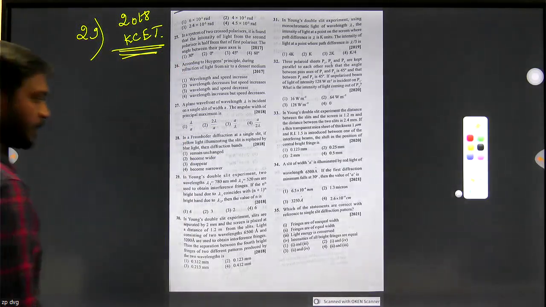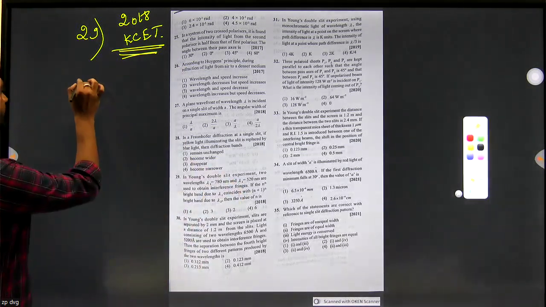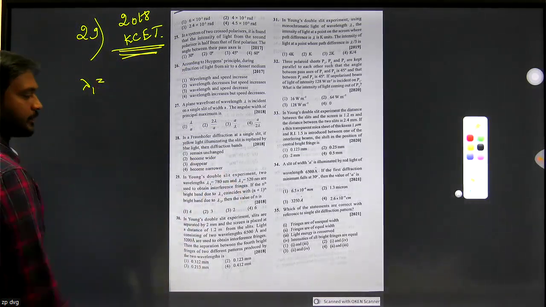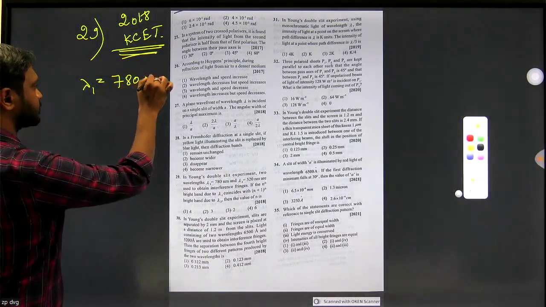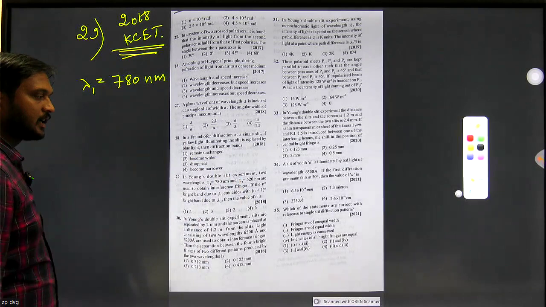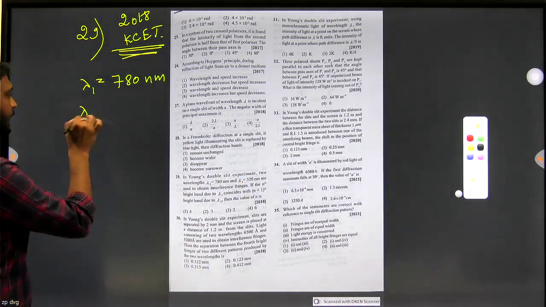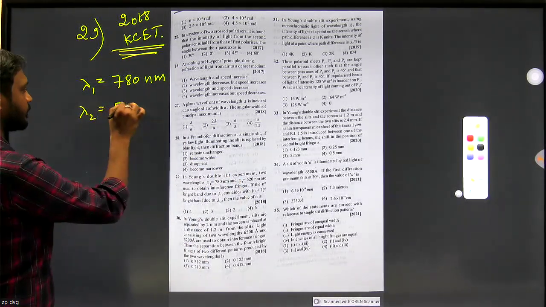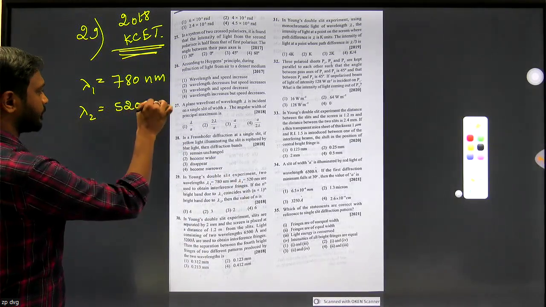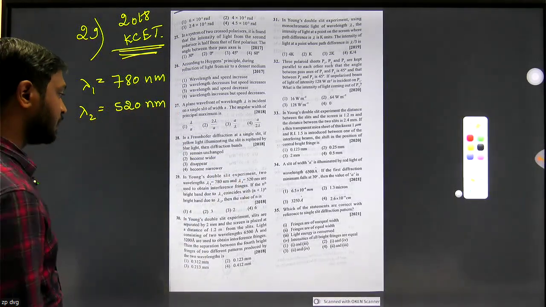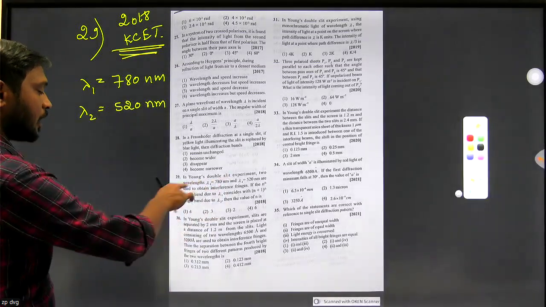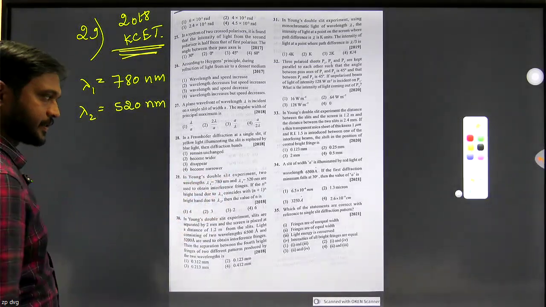In Young's double slit experiment, two wavelengths, lambda 1 equals 780 nanometer and lambda 2 equals 520 nanometer, are used to obtain interference fringes.